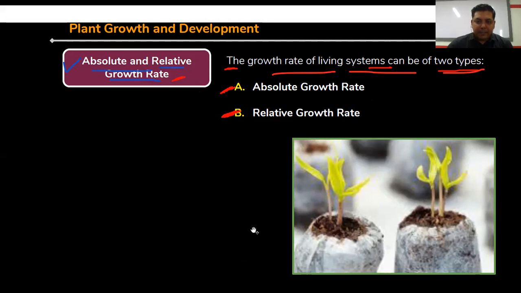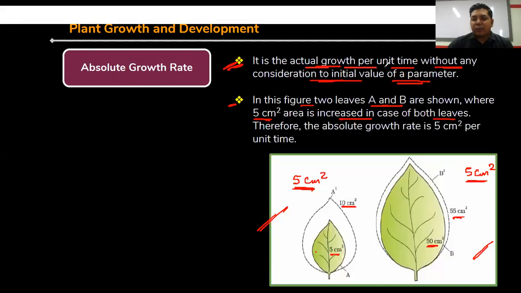and relative. Now, in case of absolute growth rate, it is the actual growth per unit time without any consideration to initial value of parameter. That means in case of absolute growth rate, this is the actual growth, right? This is the actual growth rate where we can measure only the increased portion, not comparing with the previous one.